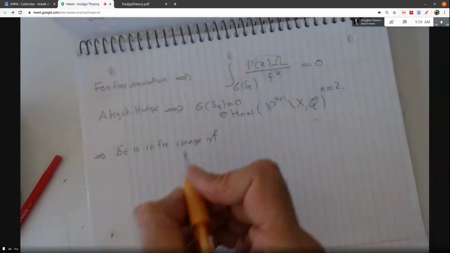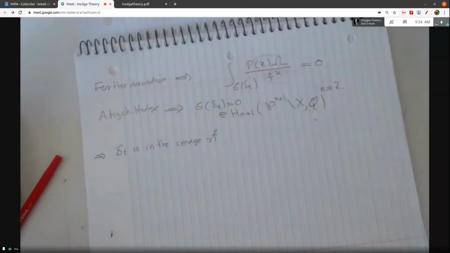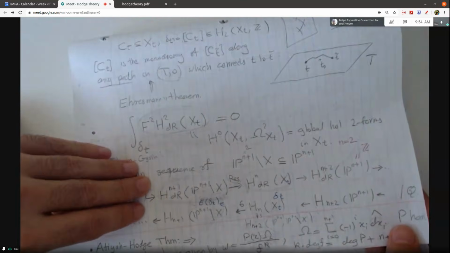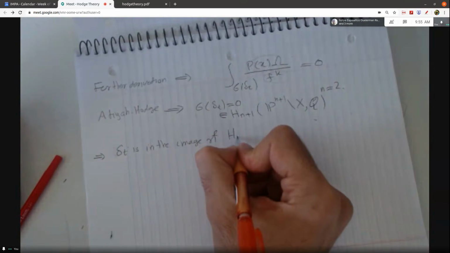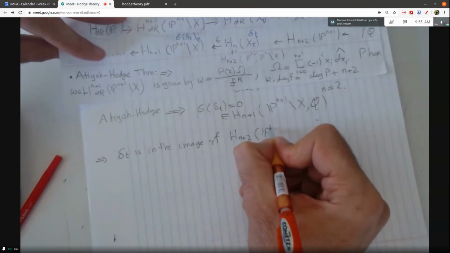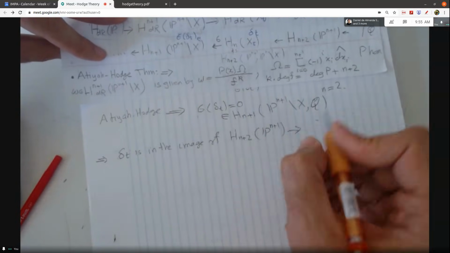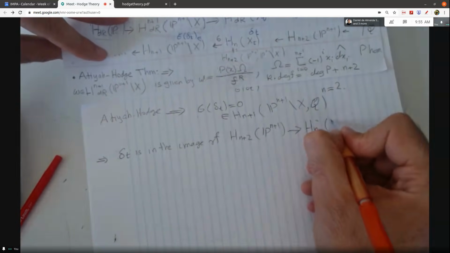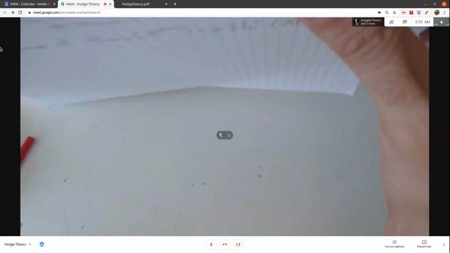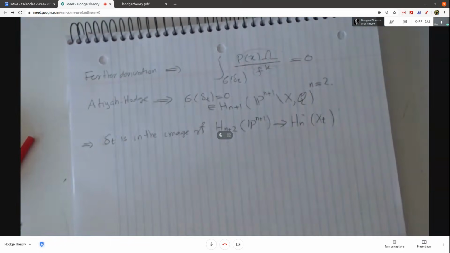H_{n+2}, so let's put n equal to 2, of P^{n+1}, H_n of X_t.